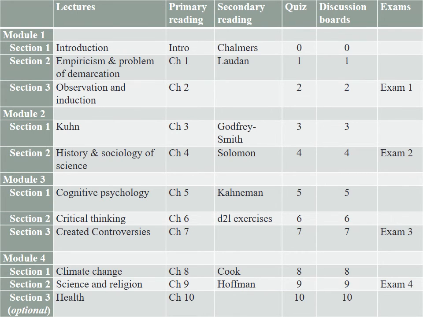If you go to D2L and look at the dates that the quizzes are open, then you will see when those quizzes are due, and similarly, if you go to the discussion board on D2L, you'll see when those discussion boards open and close. Pay close attention to those dates because you don't want assignments to be late.